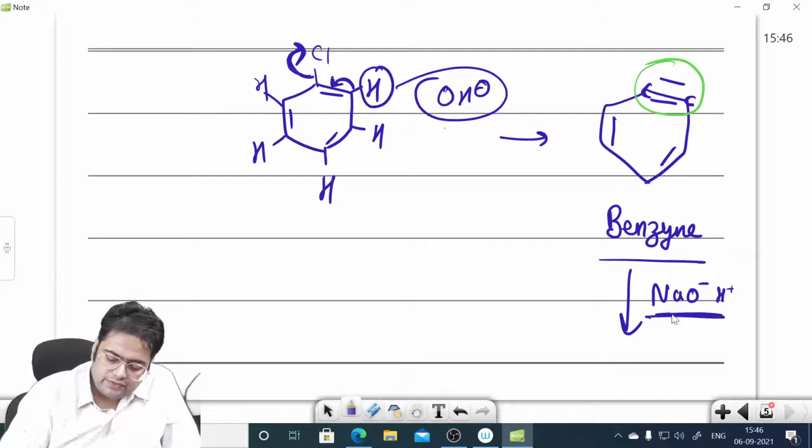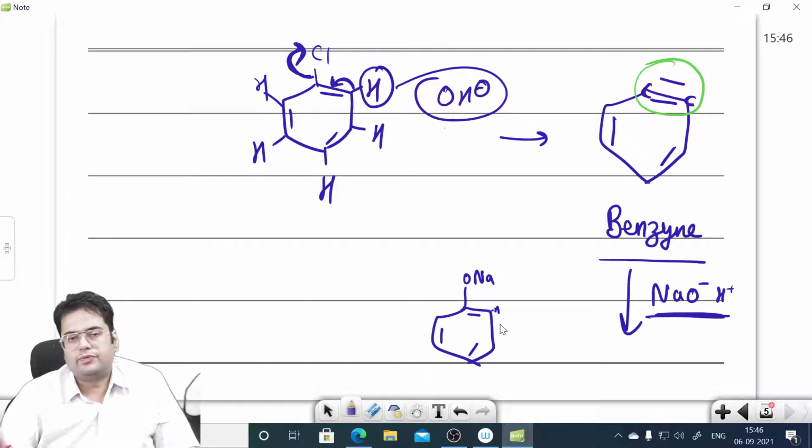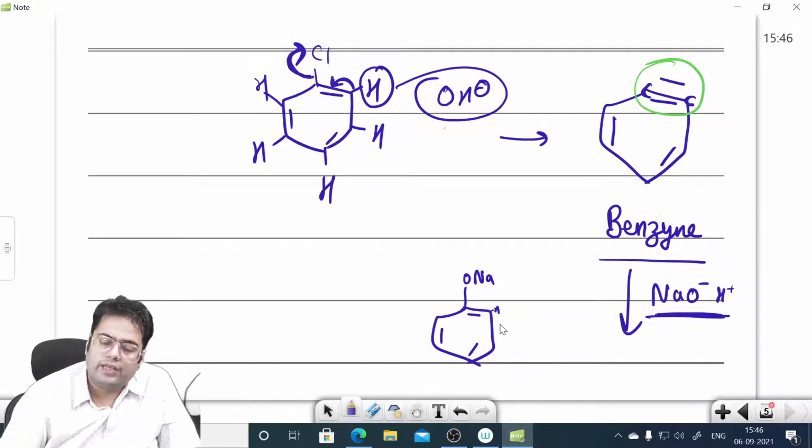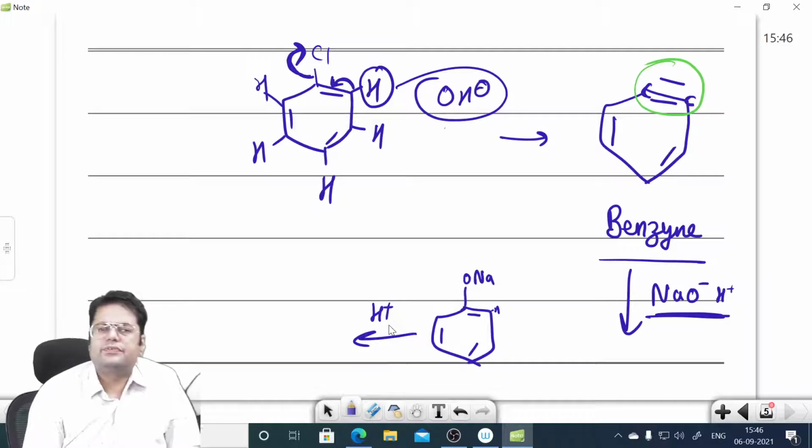So what we can think of is that this double bond will remain. One side will acquire the ONa, and this one will get the H plus from the water itself. So now this ONa, so this is what? Phenoxide. What you will have to do? You will provide it with H plus.